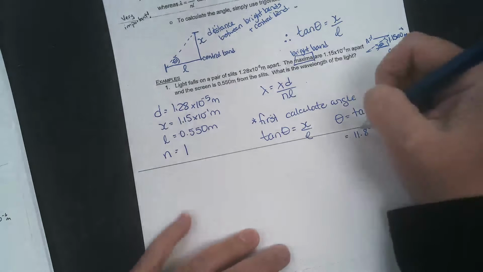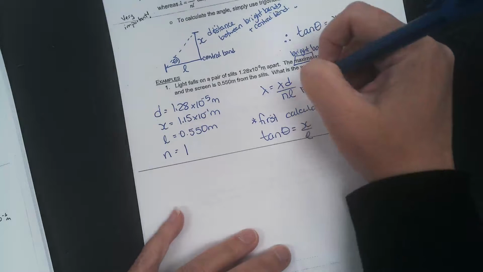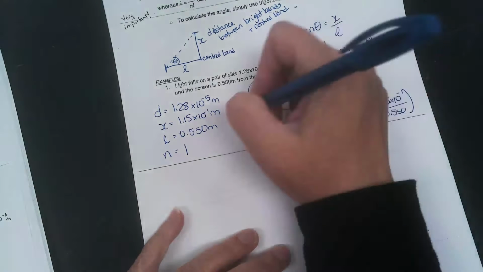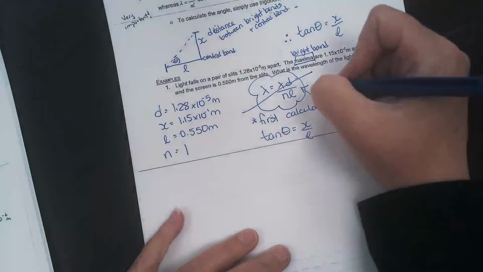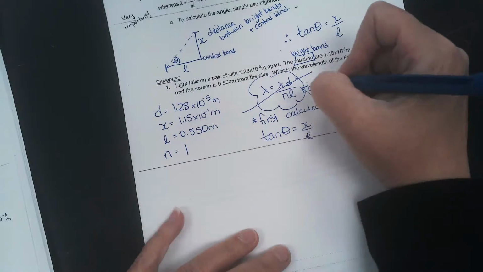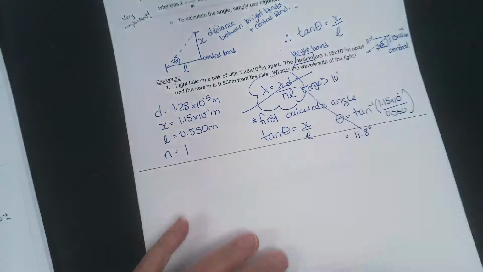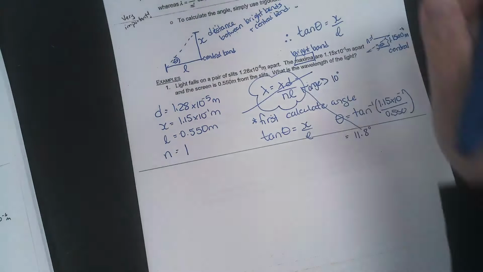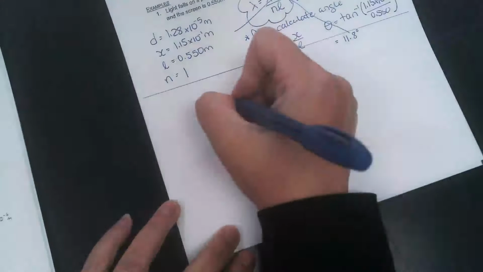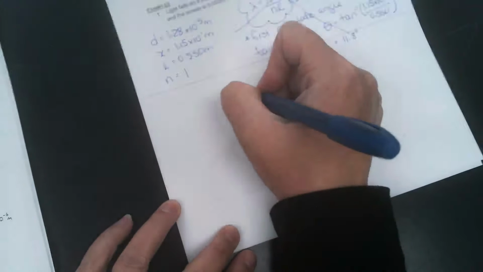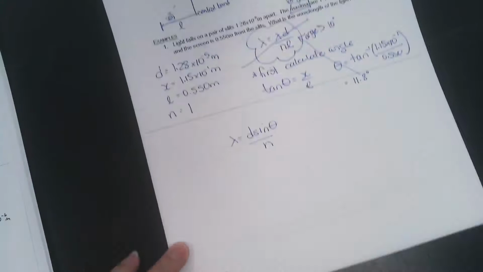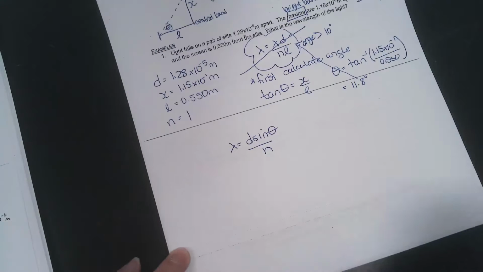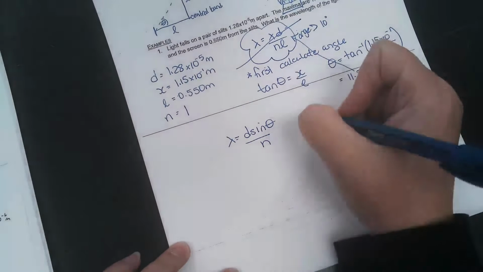So what this means is that this one cannot be used because the angle is greater than 10 degrees. Okay? We have to use lambda is equal to d sine theta over n. Even though all the other information's been provided, this is what we end up using.